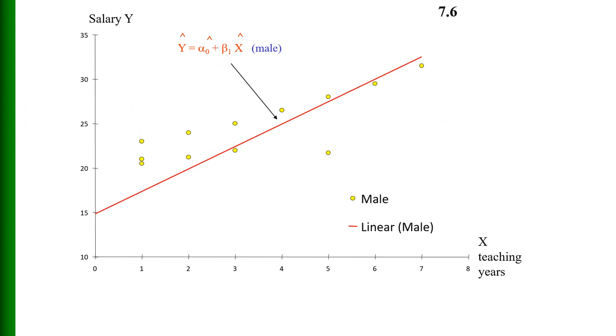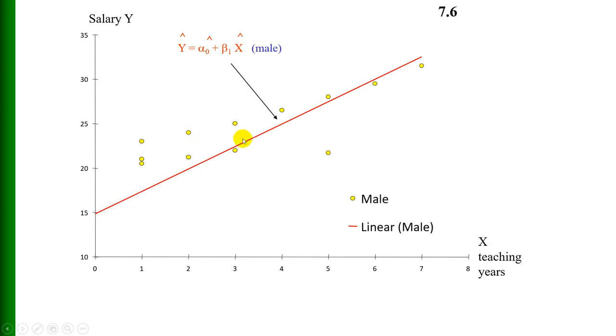Let us suppose this is the estimated regression for the male teachers. Y hat is the estimated salary, alpha naught hat is the vertical intercept, beta 1 hat is the slope of this line, and x is the independent variable.